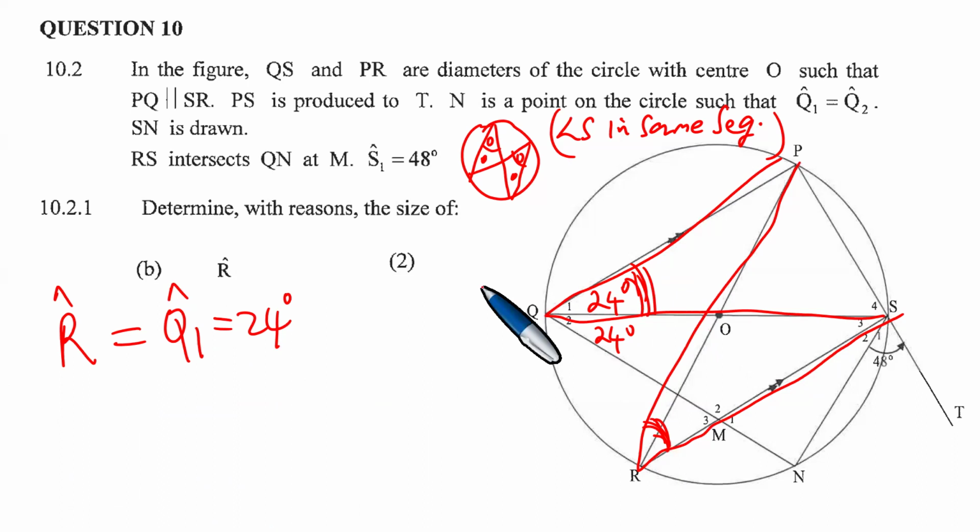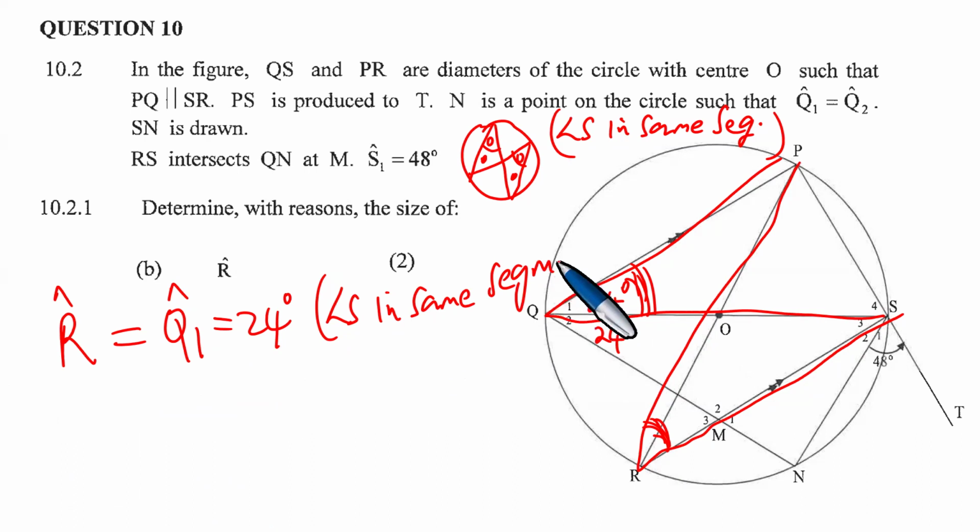Because these are angles in same segment. So angle R equals angle Q1, which is 24 degrees, angles in same segment. Okay, we're done.